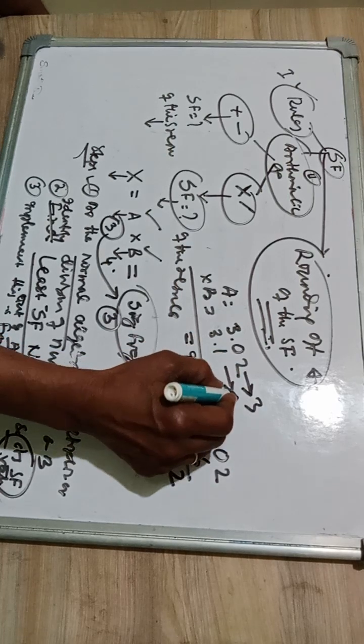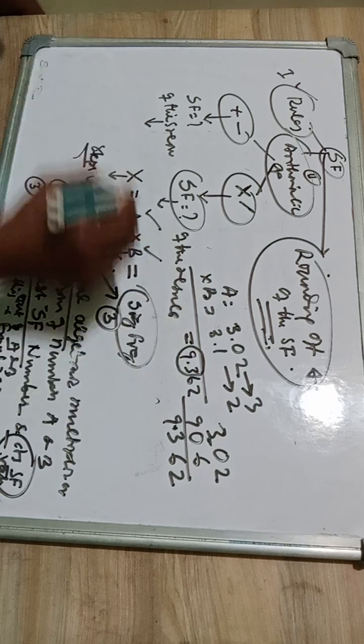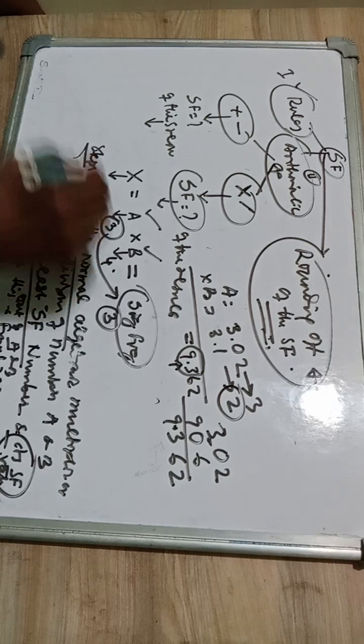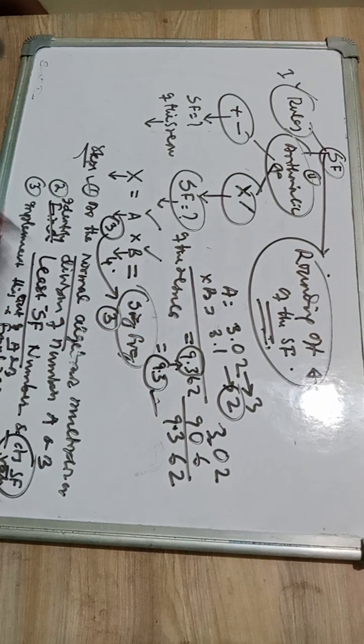Here the significant figure of b is 2. We'll take the significant figure for the result as 2 because this is the least one. Hence we'll go up to 9.3. This will be our result.